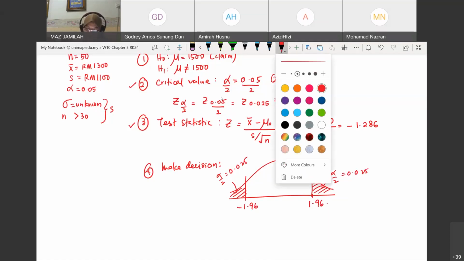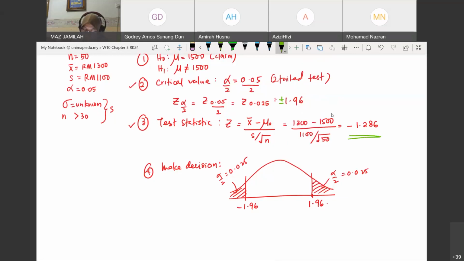Now, our test statistic is given by negative 1.286. If I put it here, this will be your Z statistic, Z equal to negative 1.286.